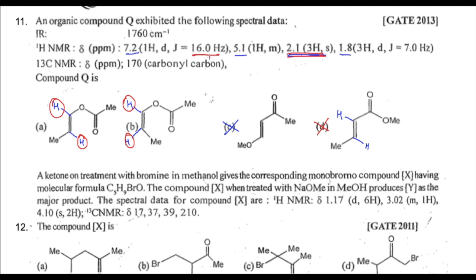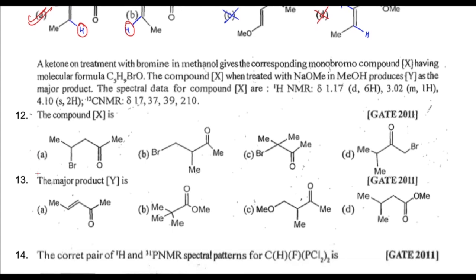The J coupling of the trans hydrogen is quite a bit higher than the cis coupling. There is a rule, I just forgot the name. If you remember the name, do let me know in the comment section. But there is a rule that the trans coupling has a higher value than the cis coupling. So option A will be the correct option based upon that.